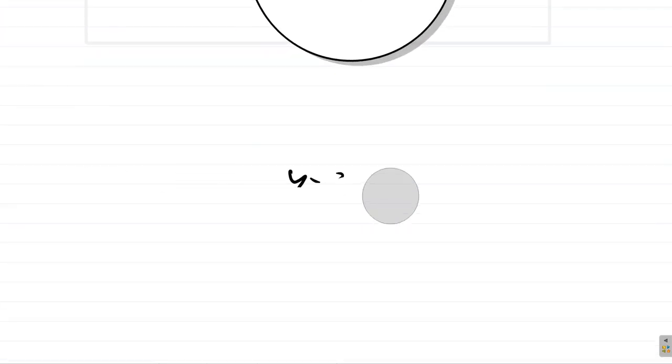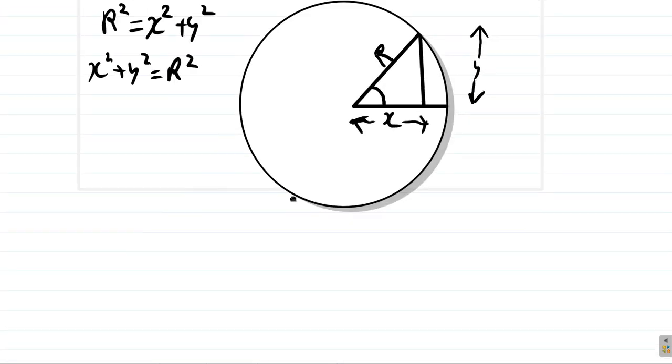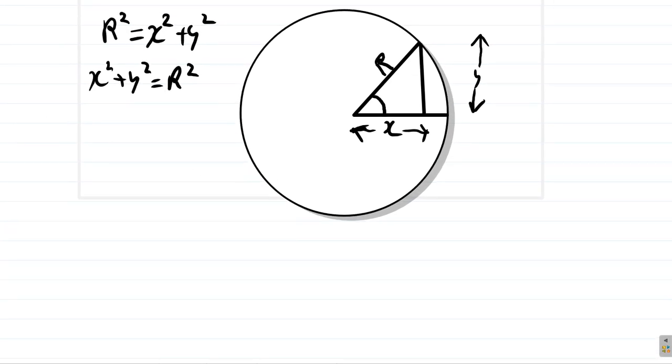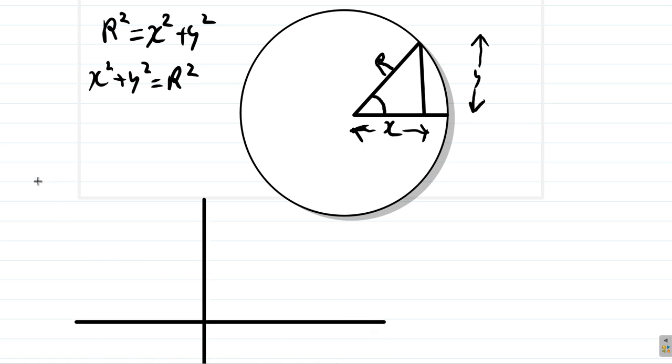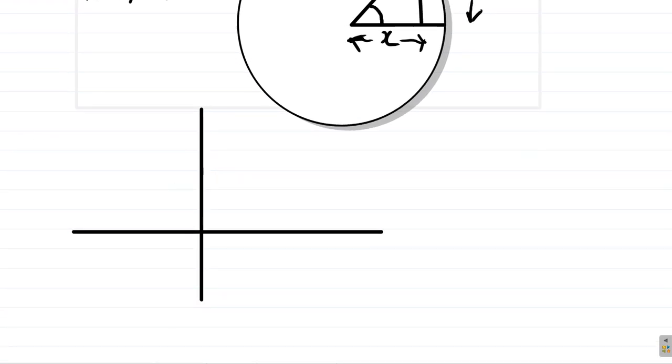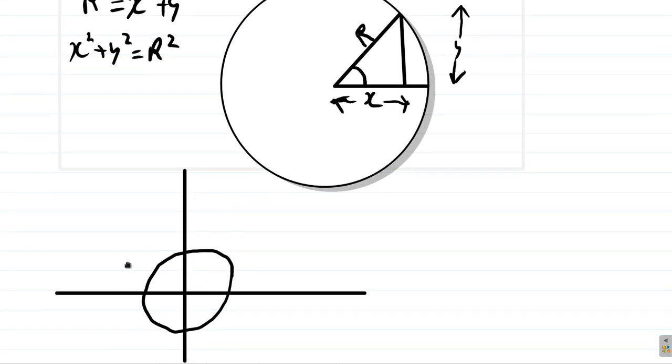This was from our previous work. Now, if the circle is on a graph, let's say our xy plane and the circle here, then our center is the origin, 0.